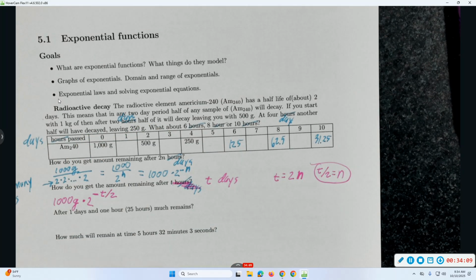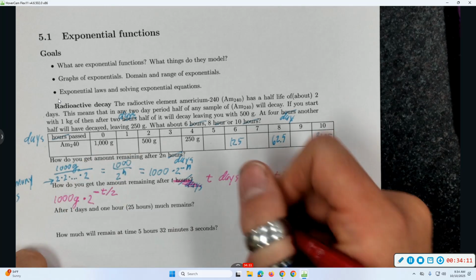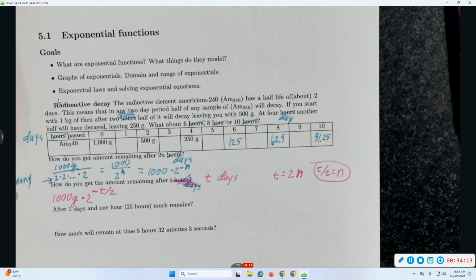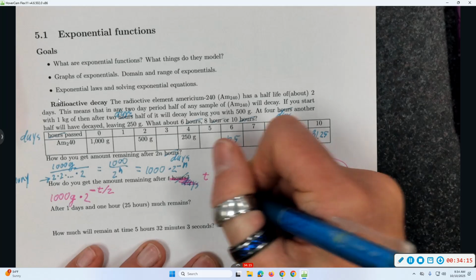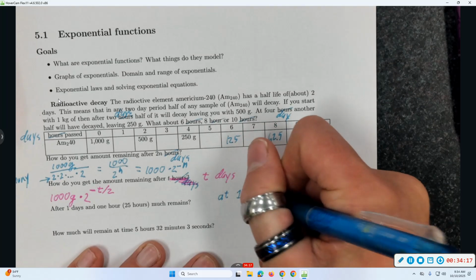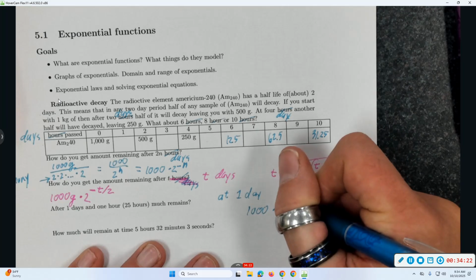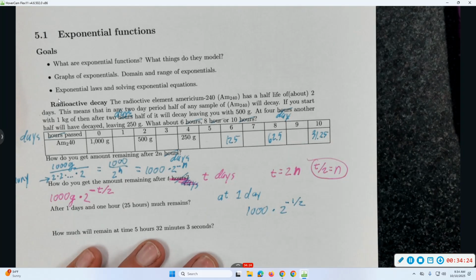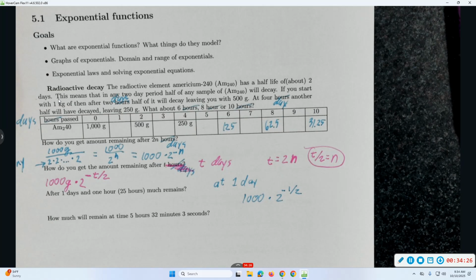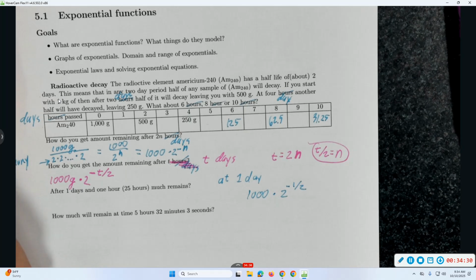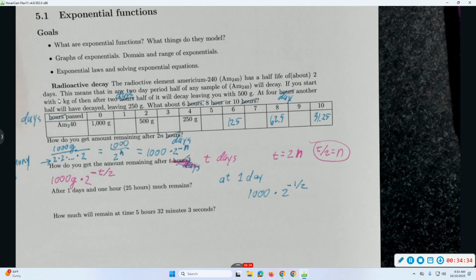Nice. So that means if I want to know how much is left at 1 day, well, it looks like I need 1,000 multiplied by 2 to the negative 1/2. Alright, well, suddenly that's not a whole number I'm dividing by. So I think at this point, I bust out a calculator if I want that decimal approximation. You grab the one you like.